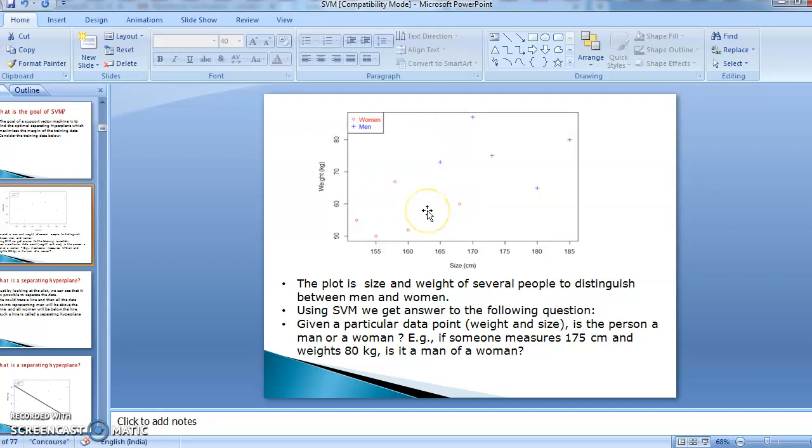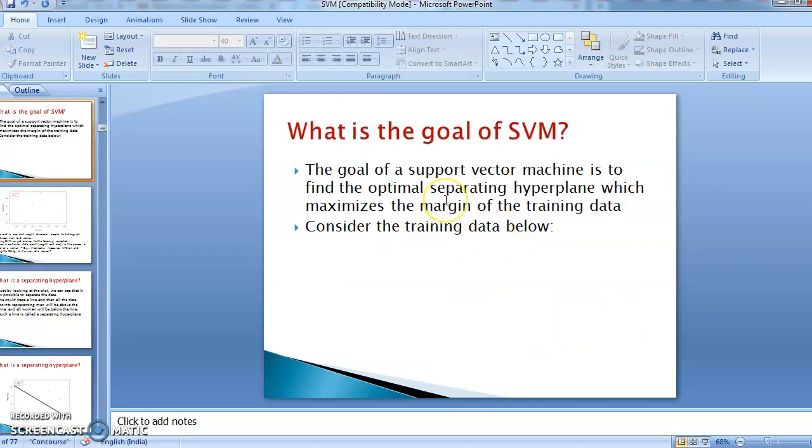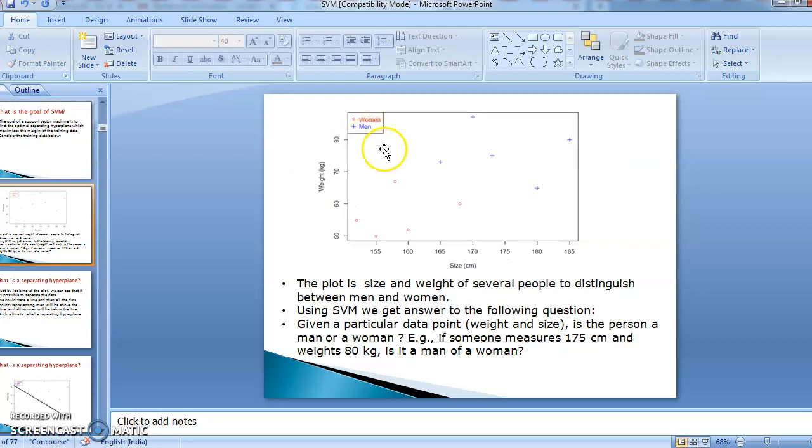Size and weight are given, and accordingly we identify whether a particular person belongs to the category of men or women. We can clearly draw a single separating line which divides the data points into two classes. But the problem is how to find this separating line, also called the hyperplane.